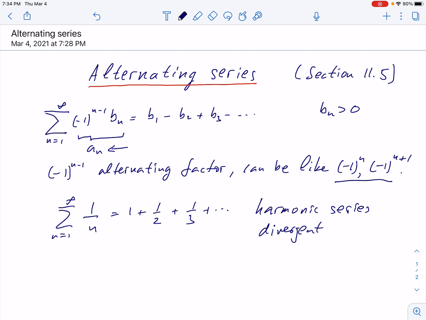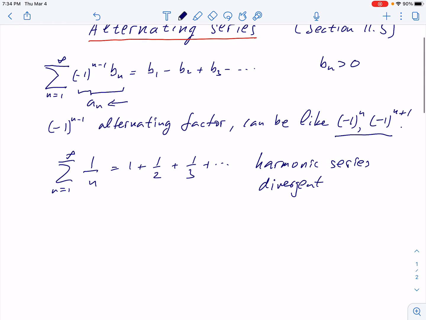Divergent by the integral test. Remember, when we extend 1 over n to 1 over x and integrate from 1 to infinity, we get a divergent logarithm.